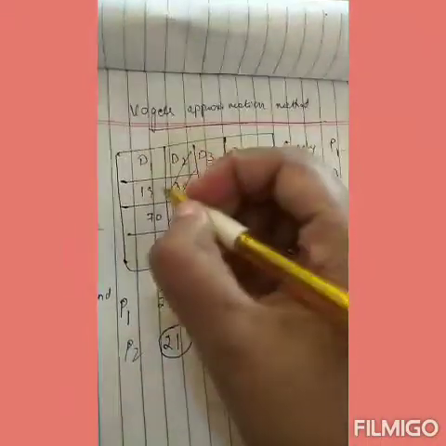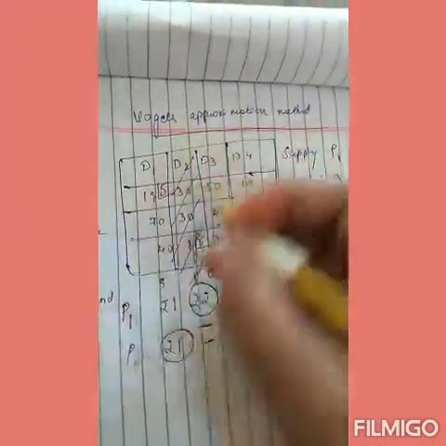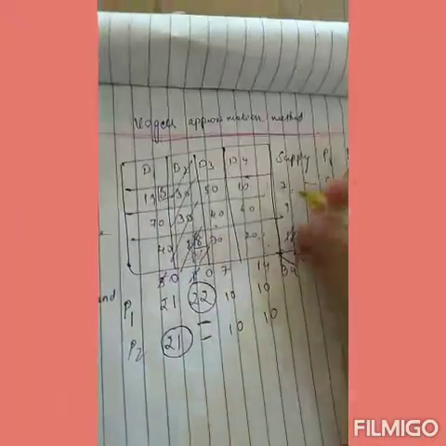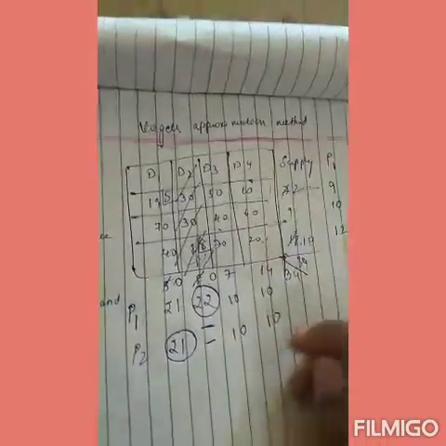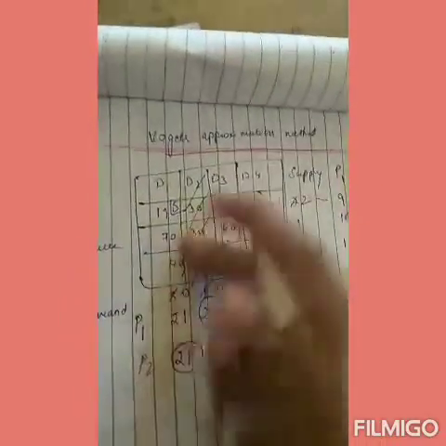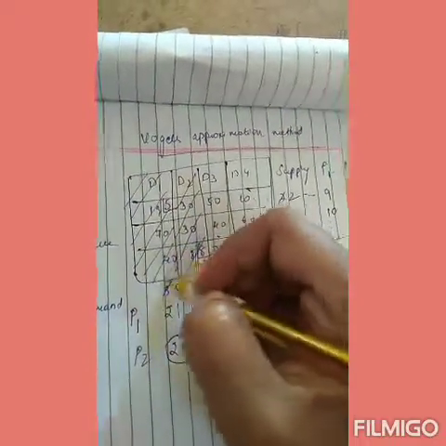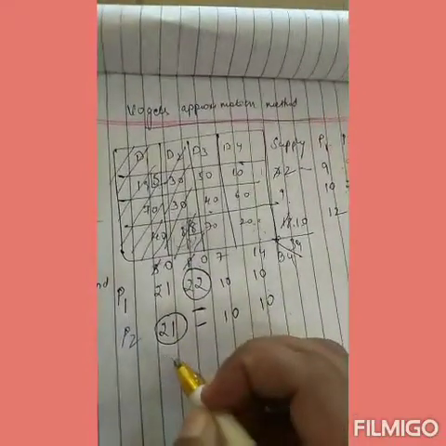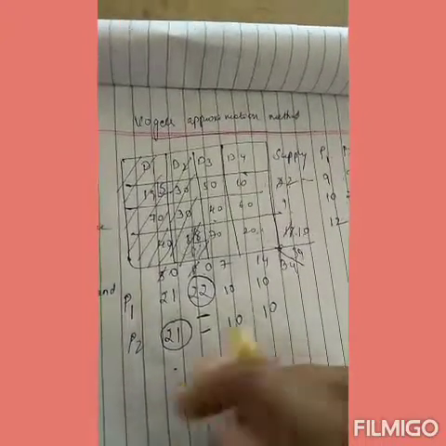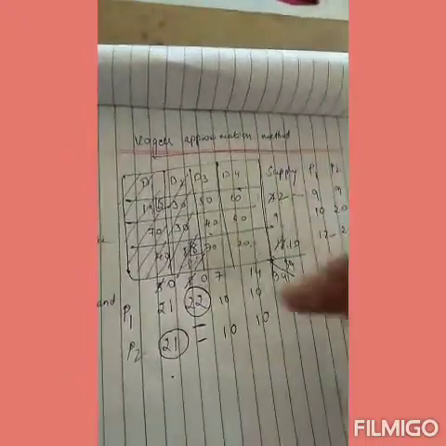Of 7 and 5, which is minimum? 5 is minimum. Allocate 5 here and make it 0, and 7 minus 5 is 2. Then cancel this entire column.